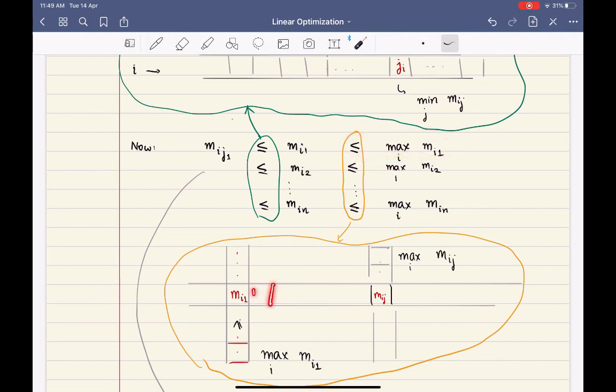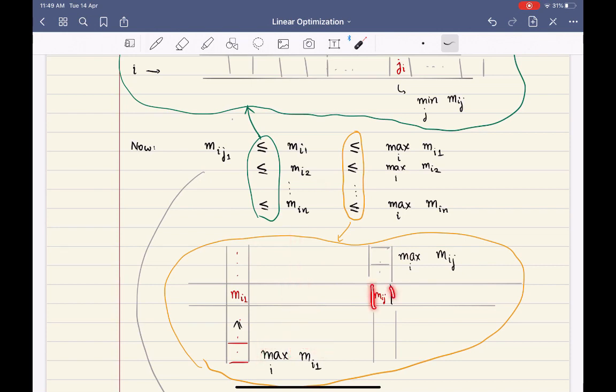Similarly, you look at mi2. This will be smaller than the biggest value here. So mi2 will be smaller than max over all i of mi2. Similarly, mi3 will be smaller than max over all i of mi3 and so on.